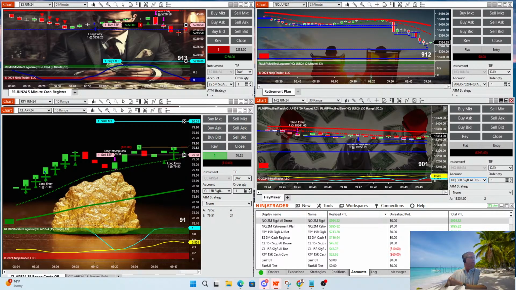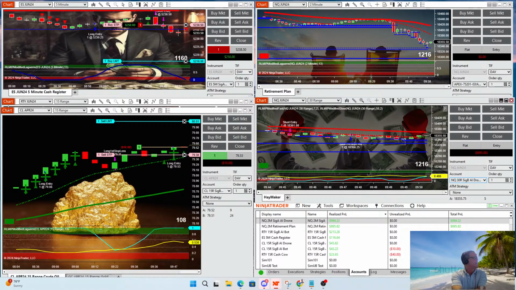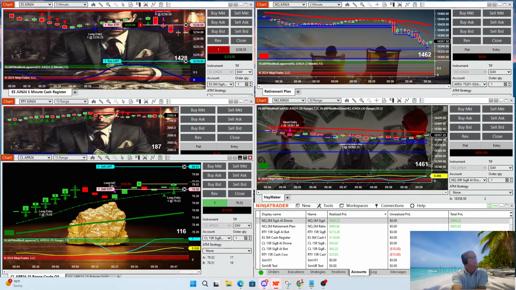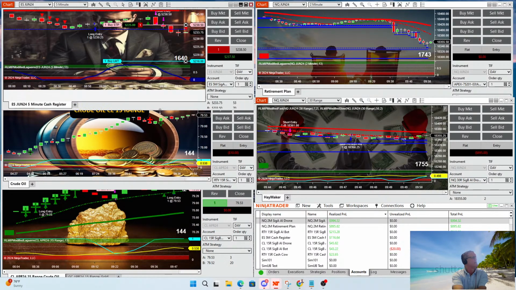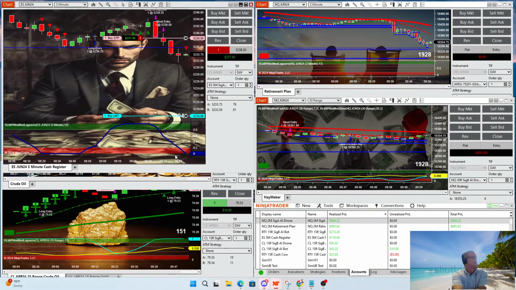The E-mini's in a beautiful position. It's a very conservative strategy, and you can see it's right up here. So the 30 range isn't doing very well today. The 2-minute.